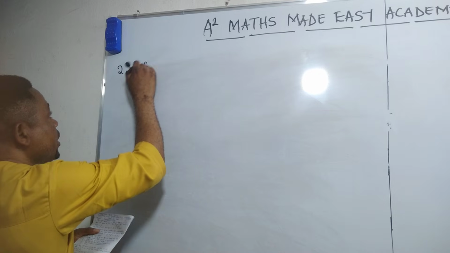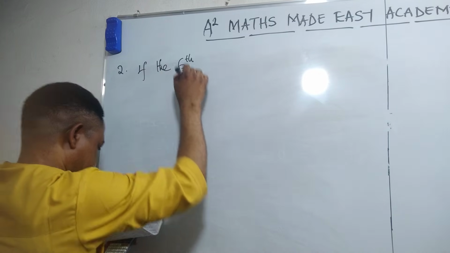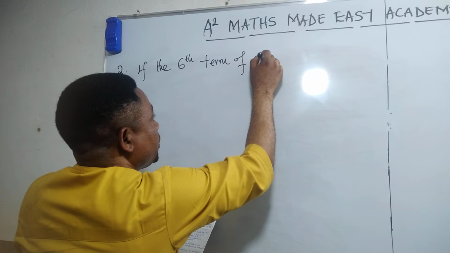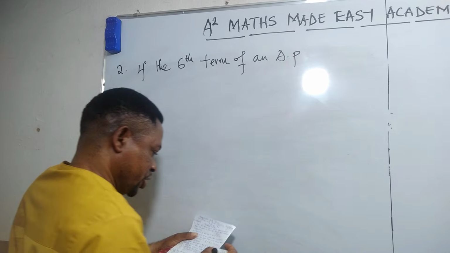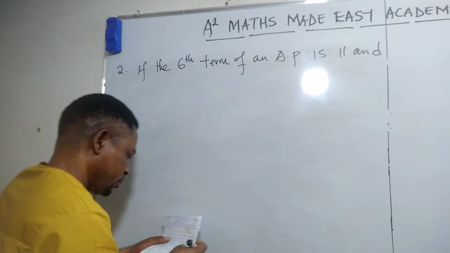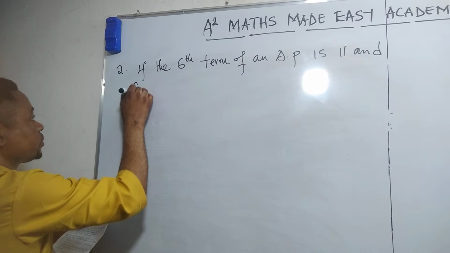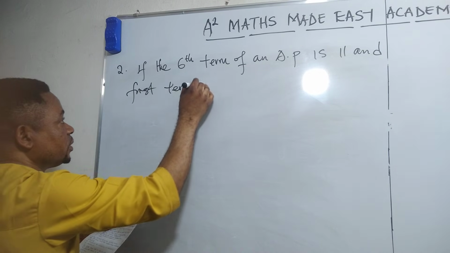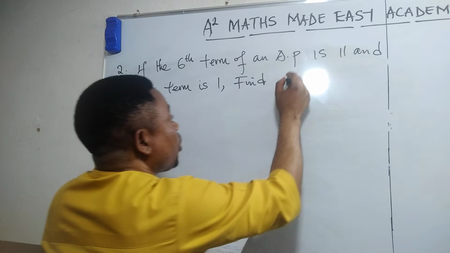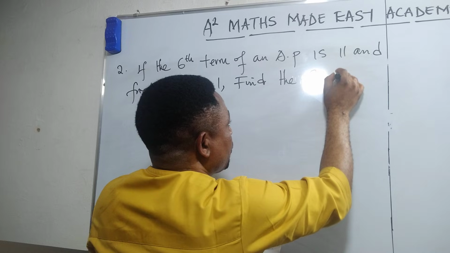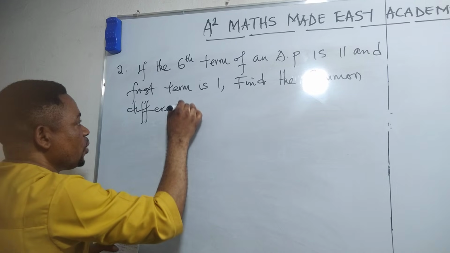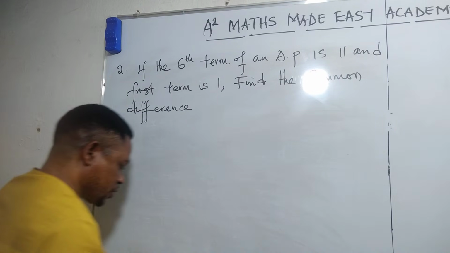The question says, if the sixth term of an AP, that is arithmetic progression, is 11, and the first term is 1, find the common difference. Now we are looking for the common difference again. Let us look at the options.